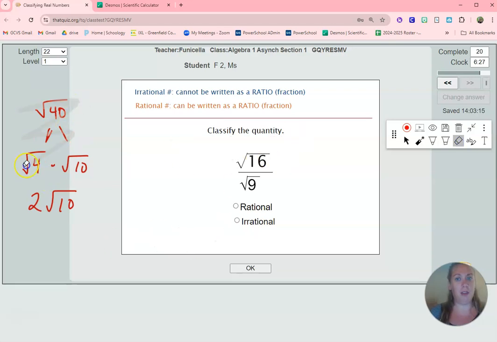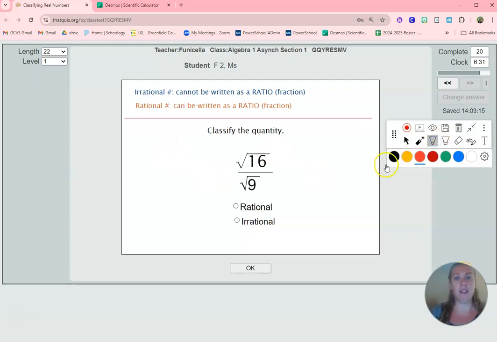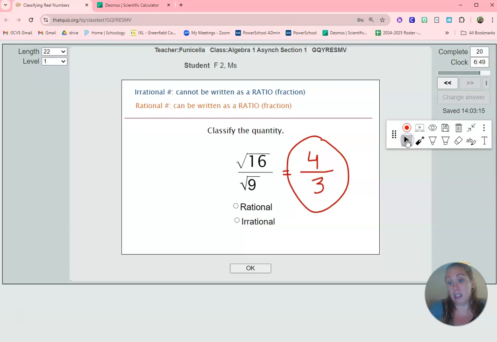Okay. I think we got maybe 3 more here. So we have the square root of 16 divided by the square root of 9. Well, the square root of 16 is 4, right? Because 4 times 4 equals 16. The square root of 9 is 3. So this is really just 4/3, which can be written as a fraction as 4 over 3, or a ratio.